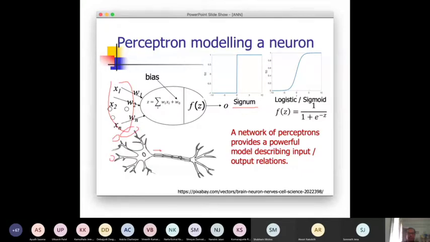If the net input is greater than the bias, say for example, that is, if the whole thing is greater than 0, then there will be an output. So the idea is that a network of perceptrons provides a very powerful model to describe these input-output relations.